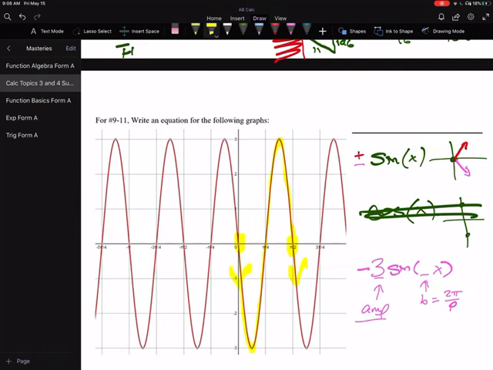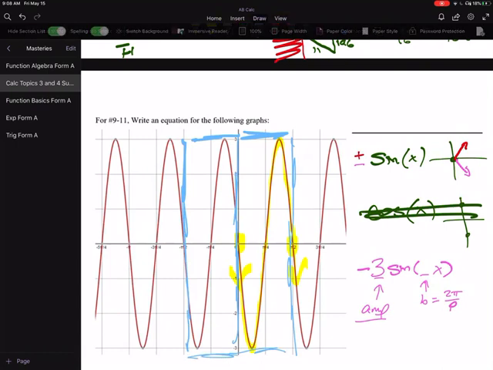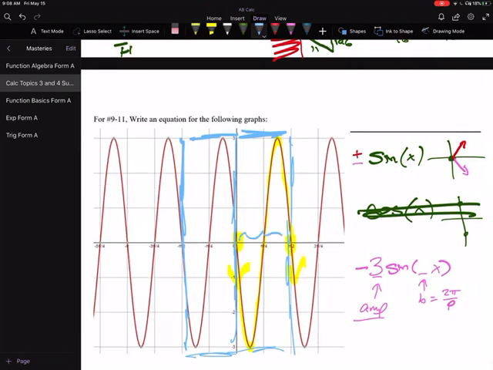If I take this section of the graph, I can copy and paste it anywhere I want, and I have the same exact graph. So my period is how long it takes to repeat, which is pi over 2.